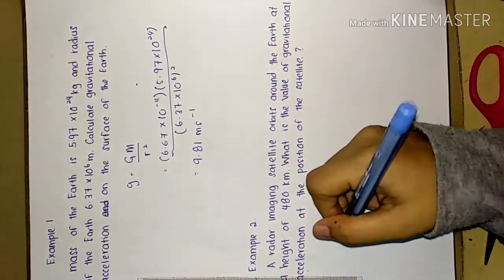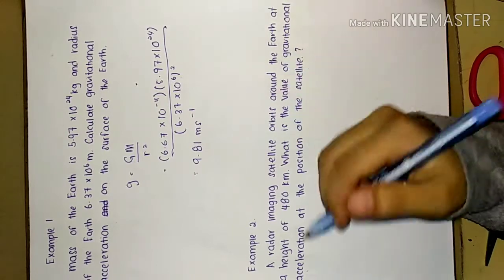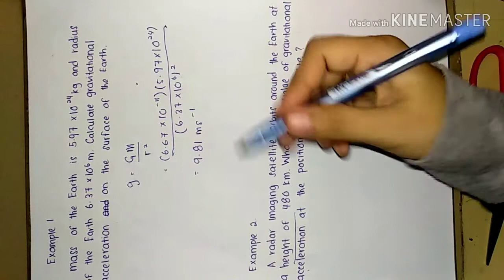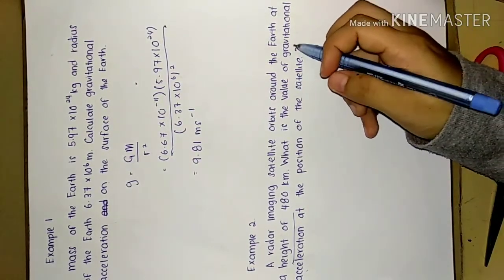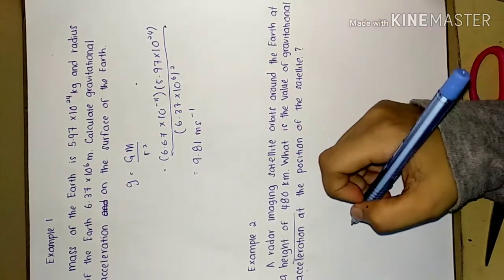For the next question, a radar imaging satellite orbits around the Earth at a height h. What is the value of gravitational acceleration at the position of the satellite?